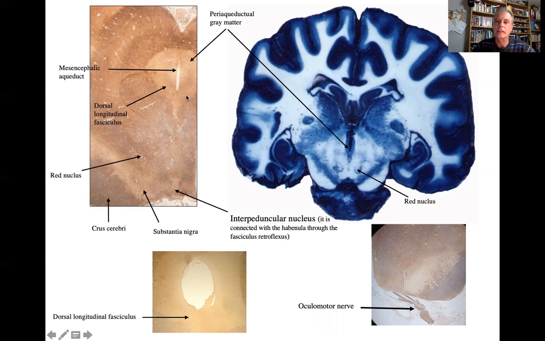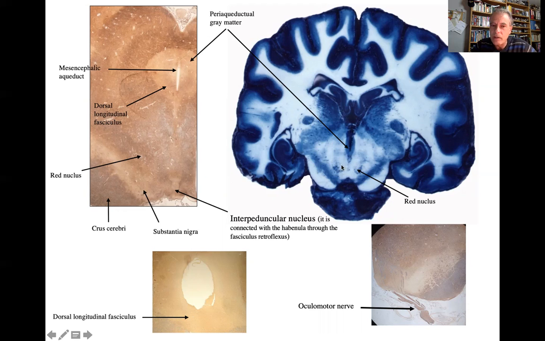Here, this one here. So again, in this image, you see the periaqueductal gray matter, right? And in this section, it is not a perfect one because in the dorsal portion we see the metathalamus with the lateral geniculate body and the medial geniculate body, but ventrally we see mesencephalon.